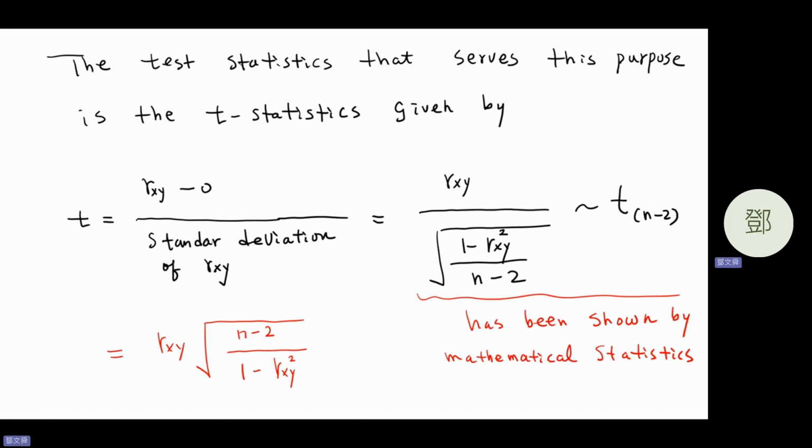This is the formula in your textbook. I will give you the page number later. This is the fake one. This is also the fake one. And this is the sample size, the number of paired observations.